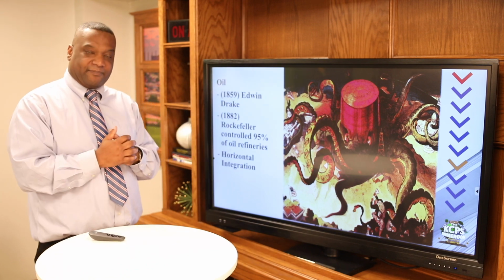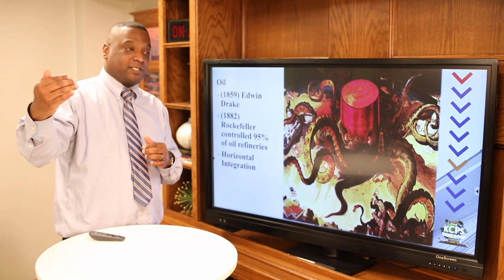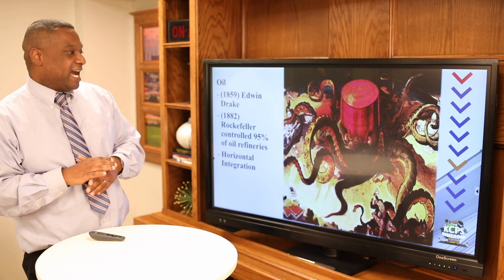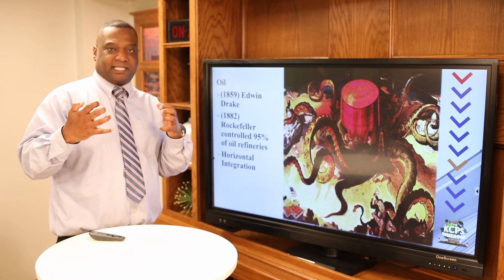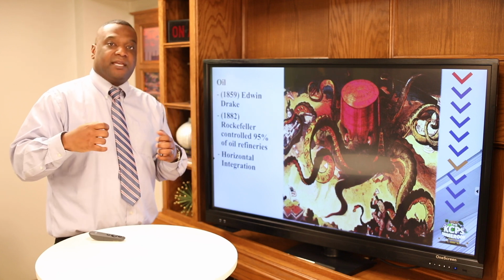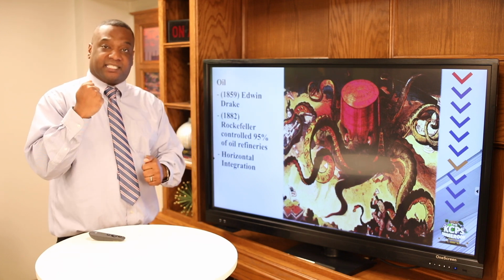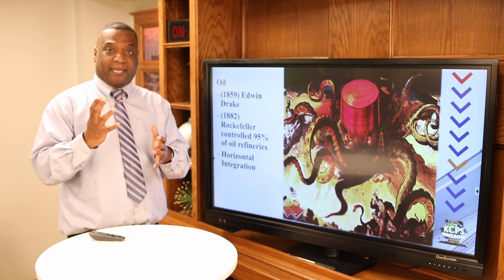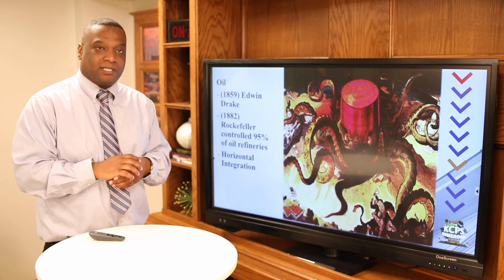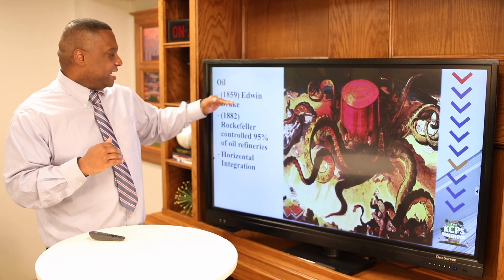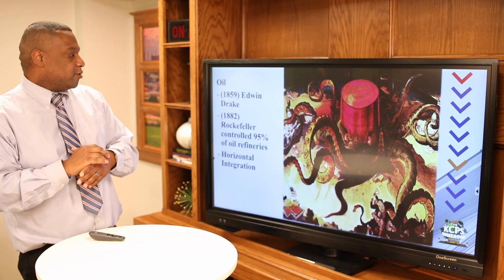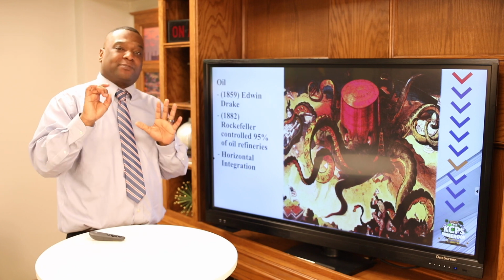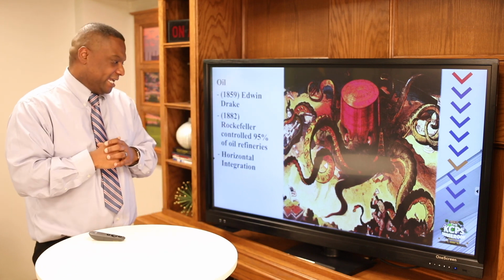Oil is another way that provided economic opportunity. We were using kerosene oil in the 1850s leading up to 1859 and the 1860s. Then they invented the combustion engine. Once the combustion engine was made, we needed oil. So, within these 30 years, you start seeing oil take off. In 1882, Rockefeller controlled 95% of the oil refineries in the United States.